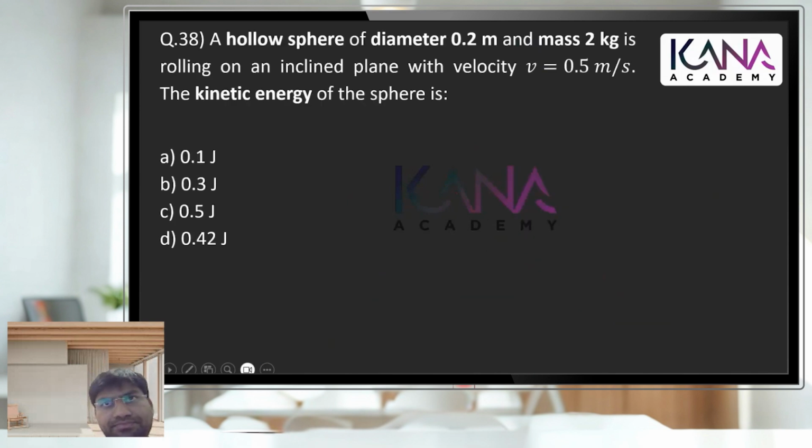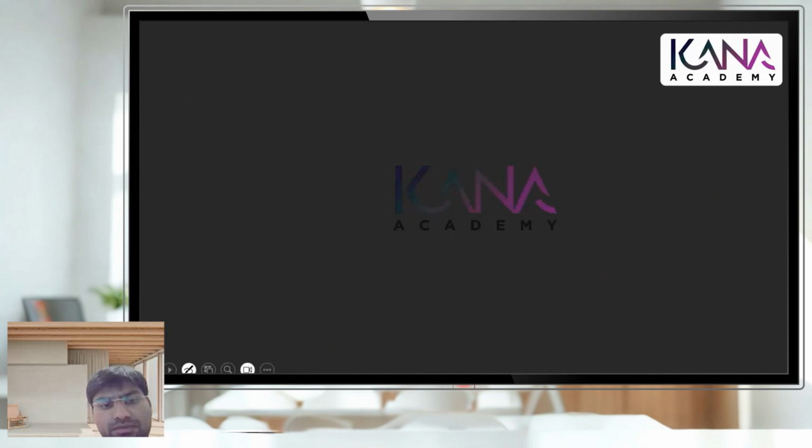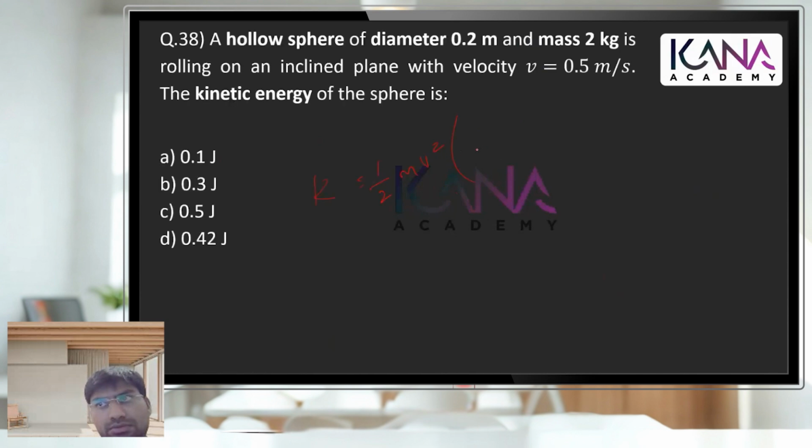Next question. There is a hollow sphere of diameter so and so, and so radius is 0.1 meters, then mass is 10 kg, rolling speed is given, so find the kinetic energy. So rolling kinetic energy K is half m v square into 1 plus k square by r square.